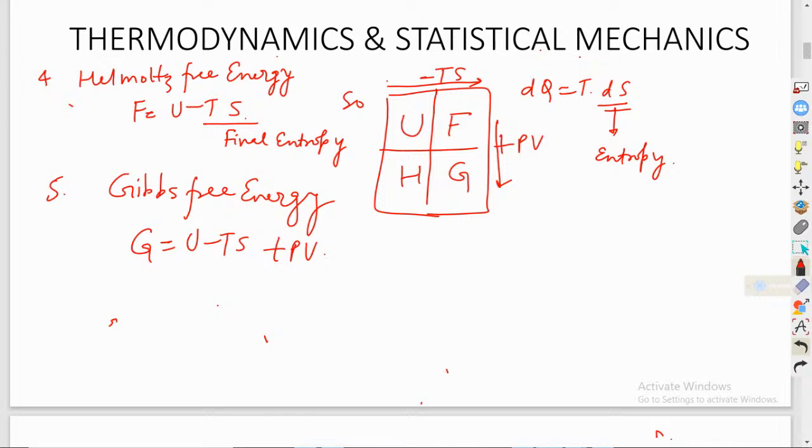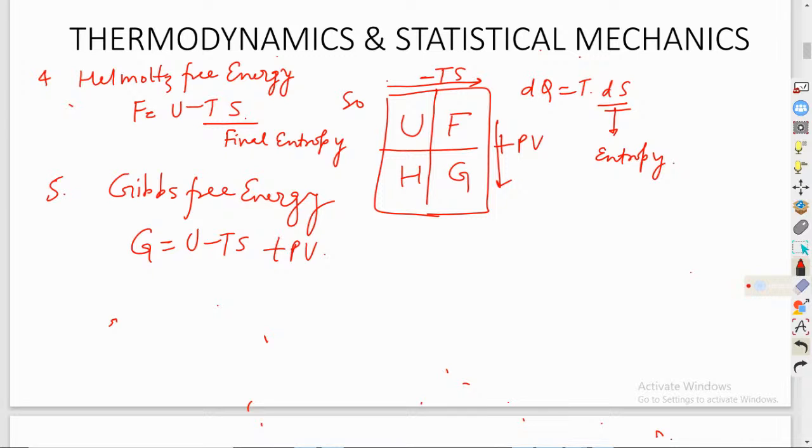Okay, so in the previous first two to three questions, which simply give glimpses of thermodynamics and statistical mechanics, that was simply the first law of thermodynamics and the enthalpy.